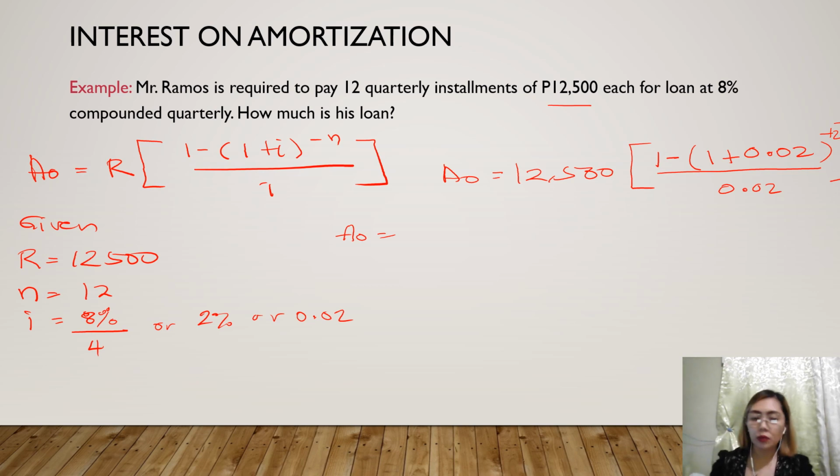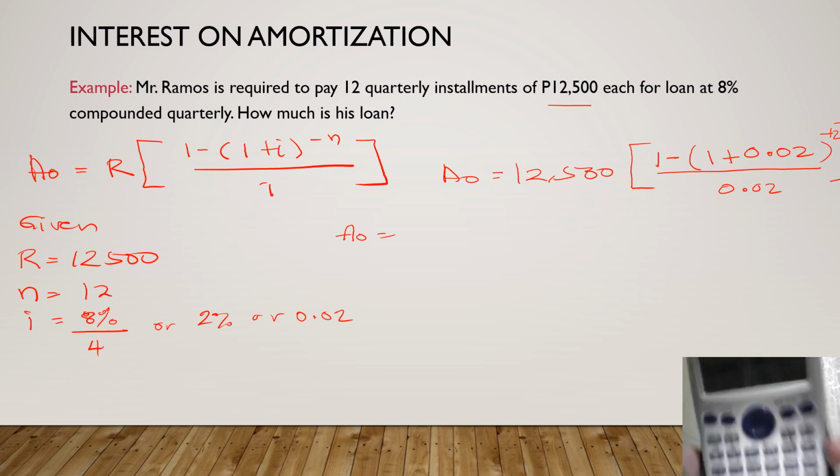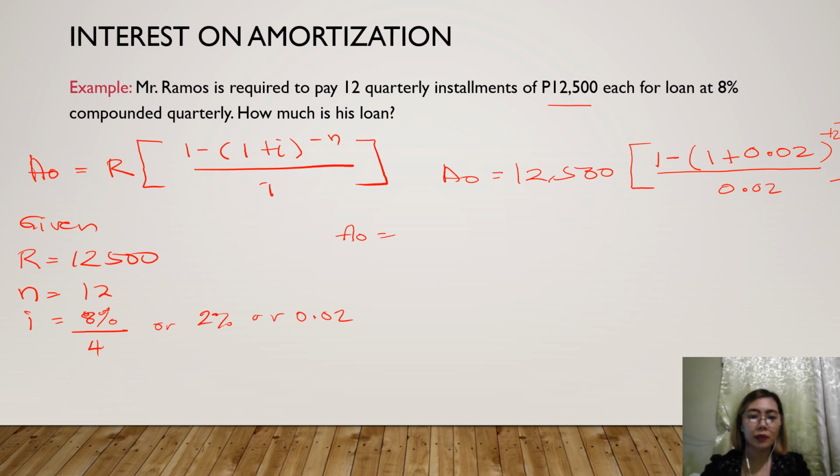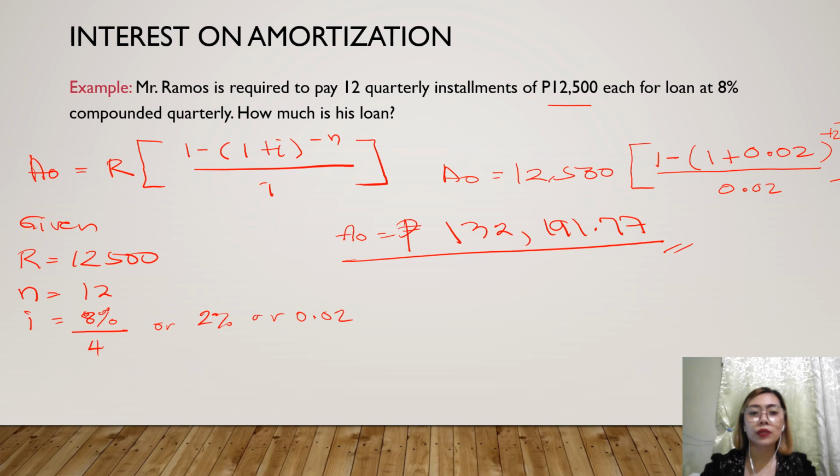So, ang kanyang total na inutang ay 132,191.7653. So, 2 decimal places tayo. 132,191.77 pesos. Ayan. So, ito ngayon yung total loan ni Mr. Ramos.